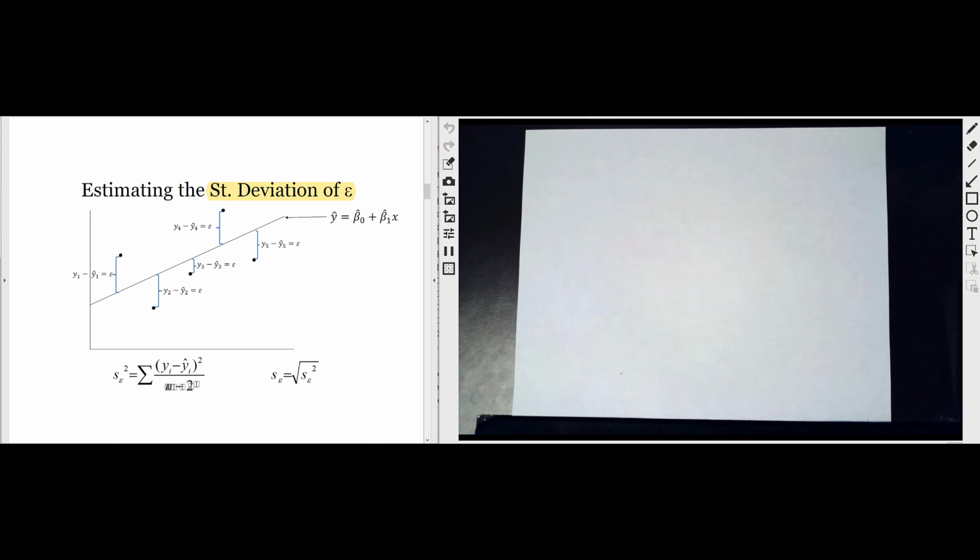We're dividing by n minus 2 here because we have two parameters that we estimated from our data set. So we're using n minus 2 instead of n minus 1 as the divisor. And then the standard deviation of the errors is simply the square root of the variance.